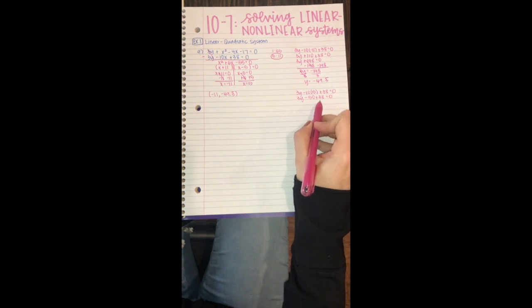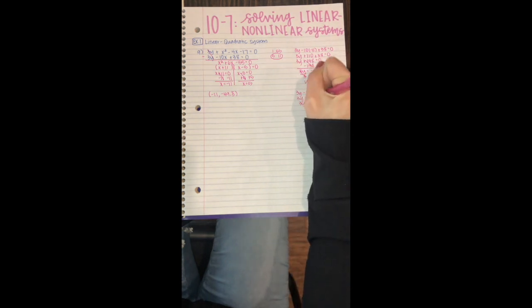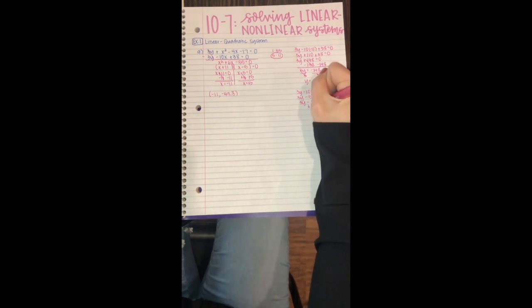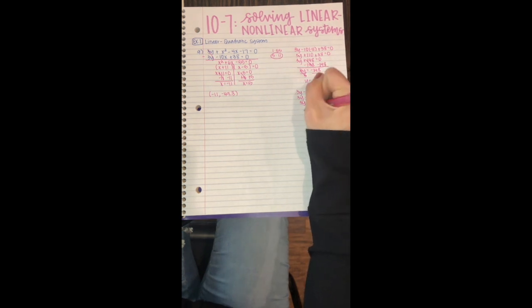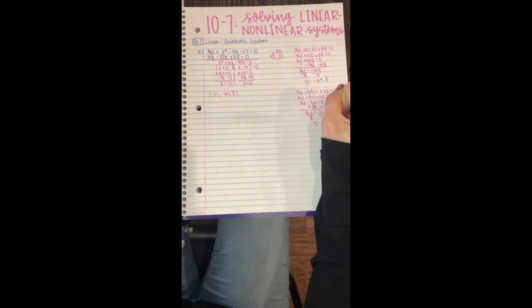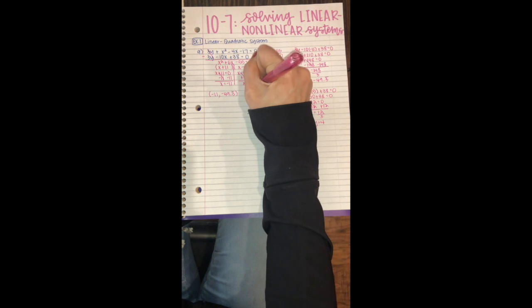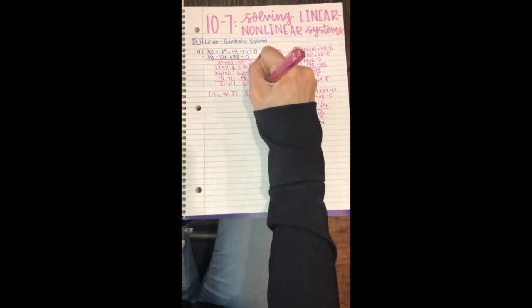Combine like terms, that will be negative 12. 3y - 12 = 0. Add 12, and you get 3y = 12. Divide by 3, and y = 4. So our second answer is (5, 4).